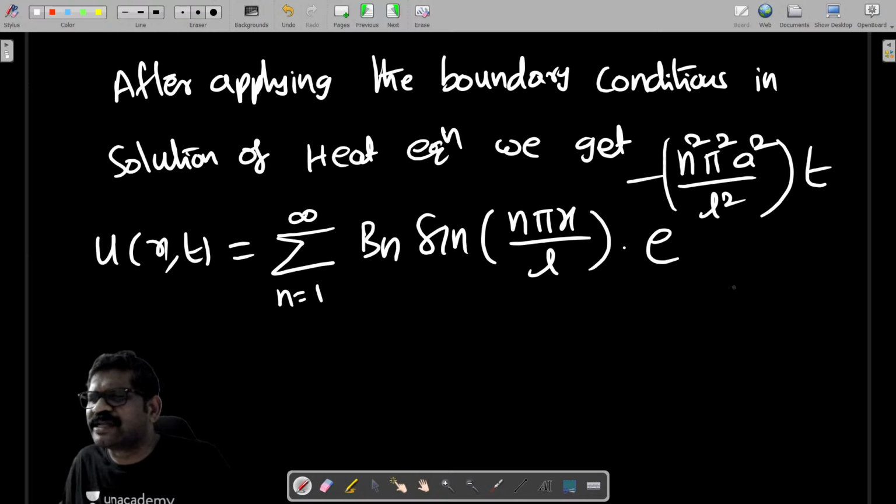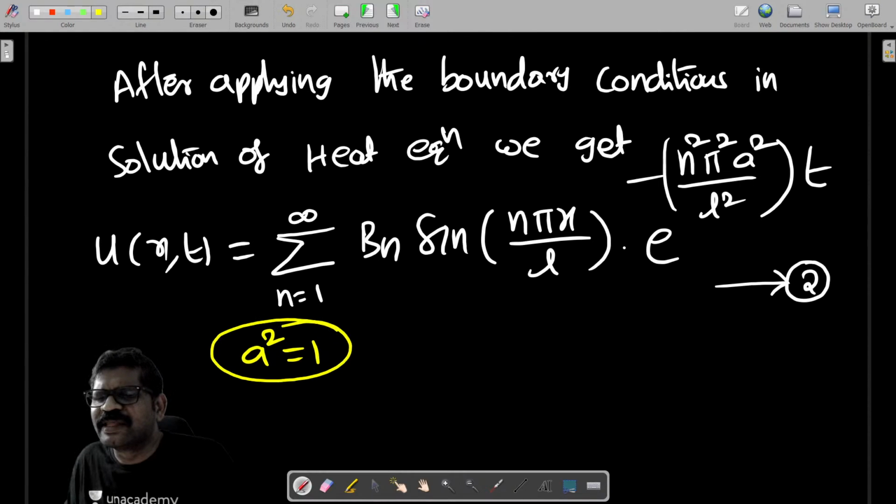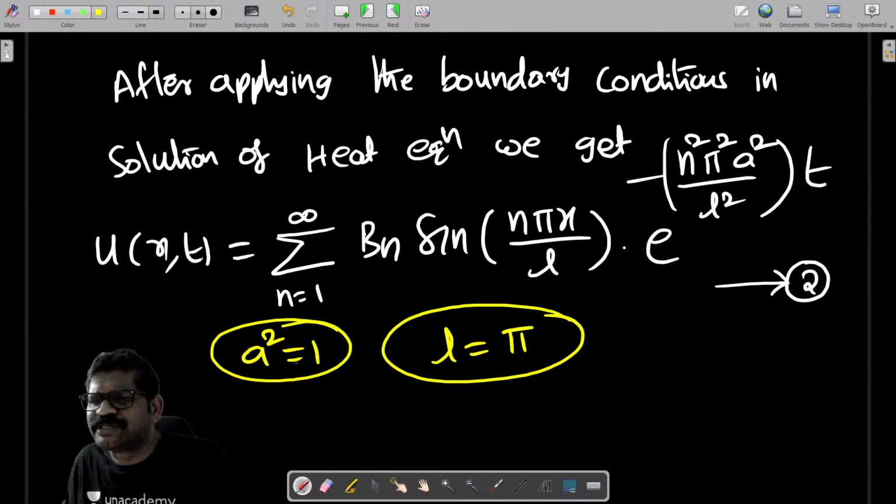This is actually general solution. In our problem, a square value is 1, L value is pi. So if you substitute these two values in equation 2, you will get the general solution of heat equation according to the given data.